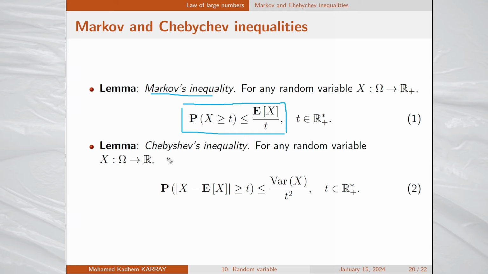Then we have the Chebychev's inequality, which may be deduced from the Markov's inequality. It says that for any random variable x, the probability that the difference between x and its expectation in absolute value exceeds t is smaller than the variance of x divided by t squared.